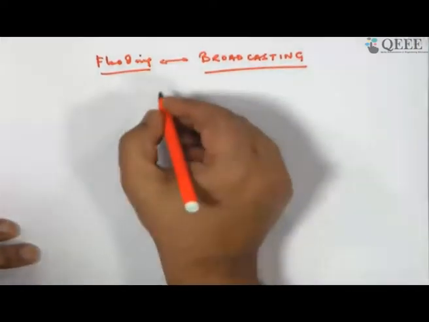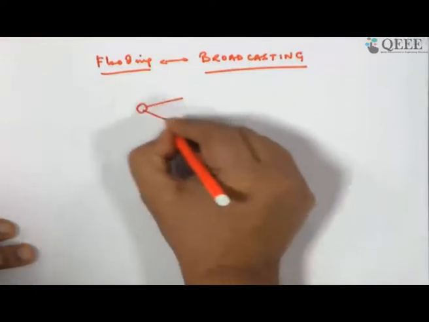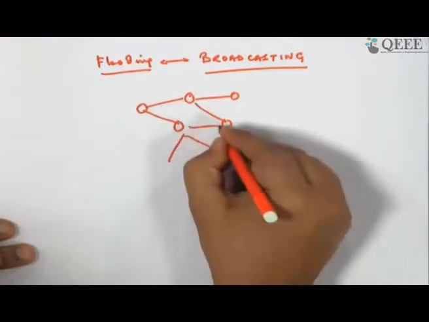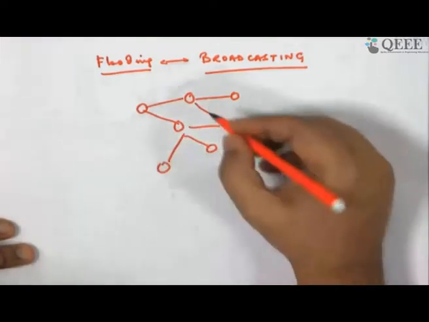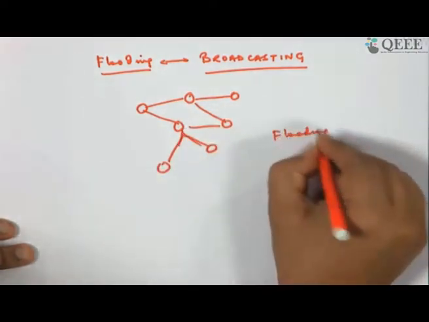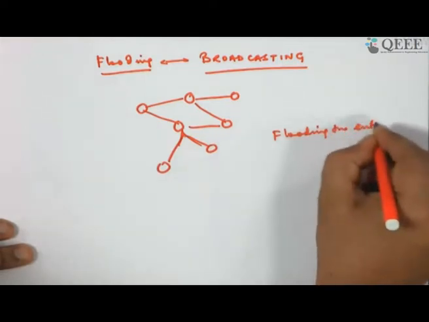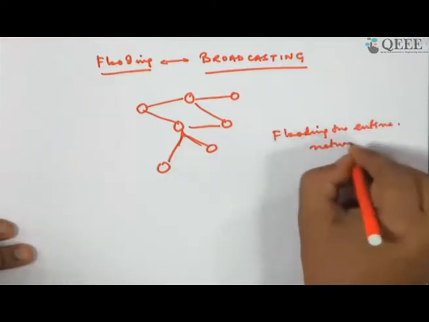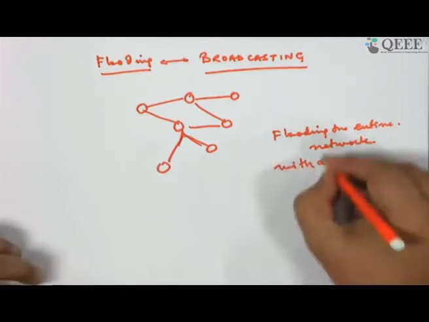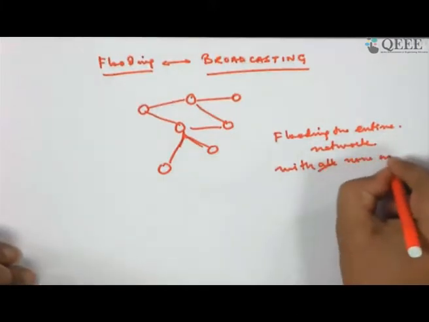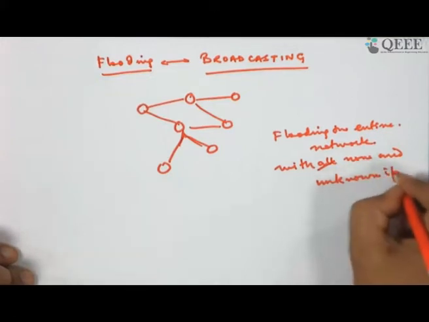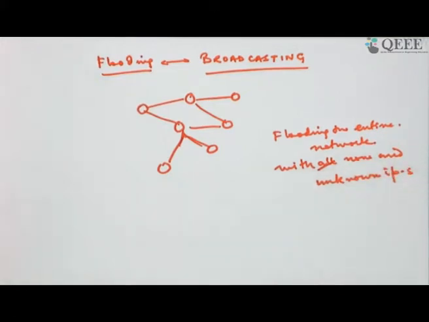So, if you have a network like this, something like this network, you are flooding the entire network, with unknown IPs. You really don't know all the IPs.